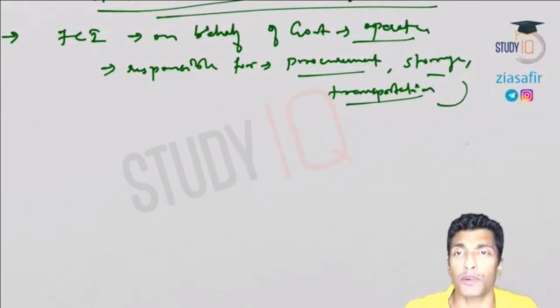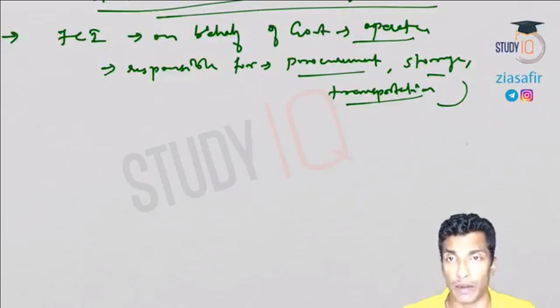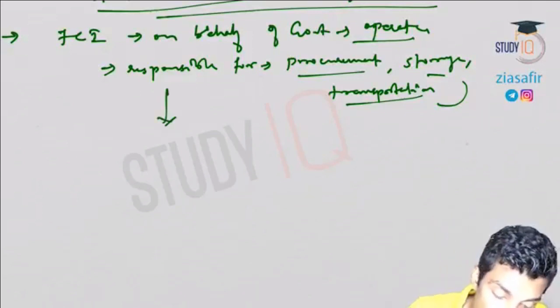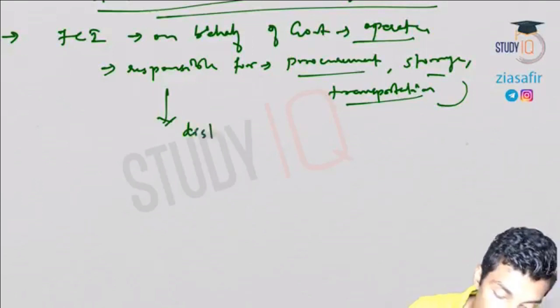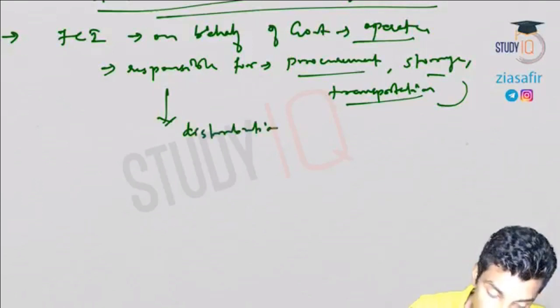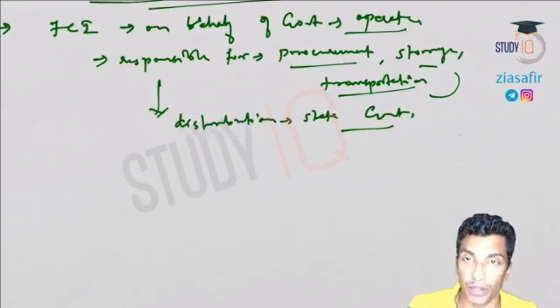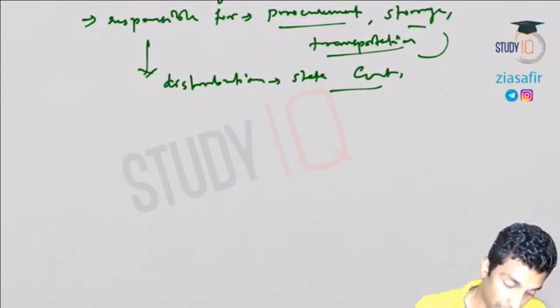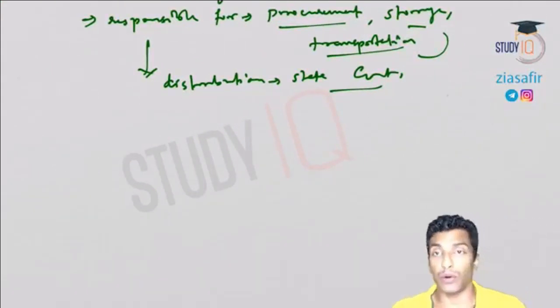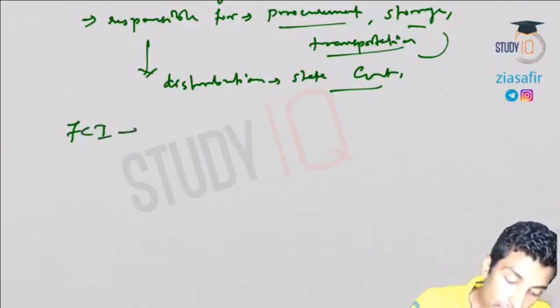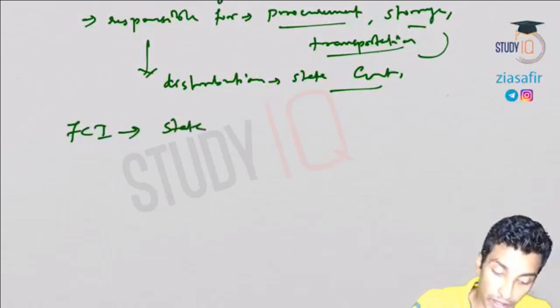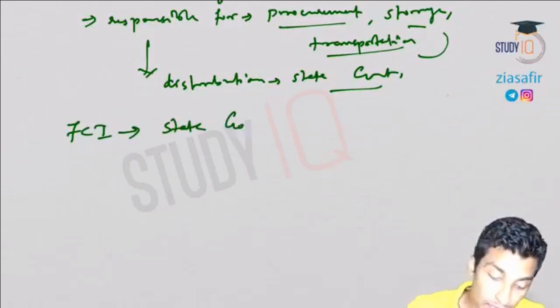And who is responsible for distribution? The state government is responsible for distribution through the fair price shops. Now, this FCI will sell food grains to the state government at what price?